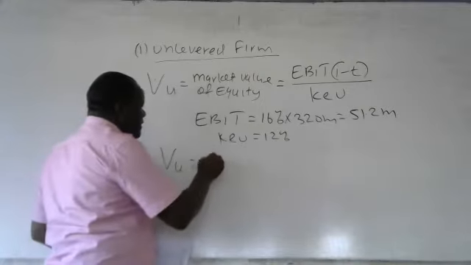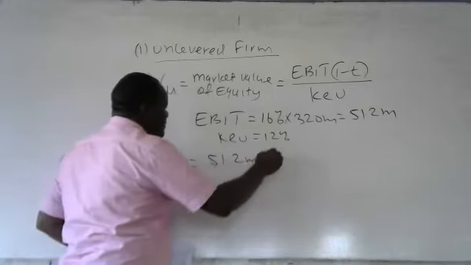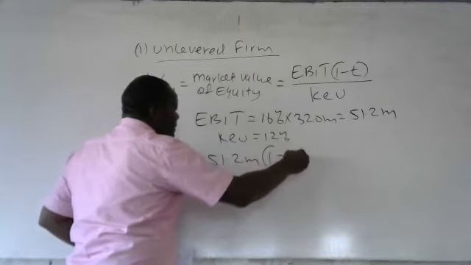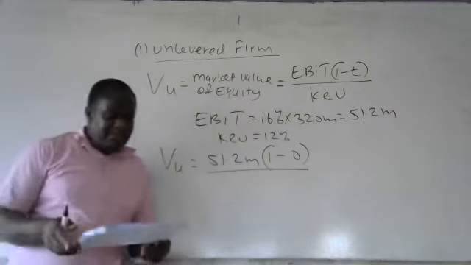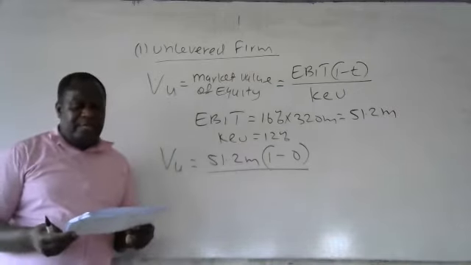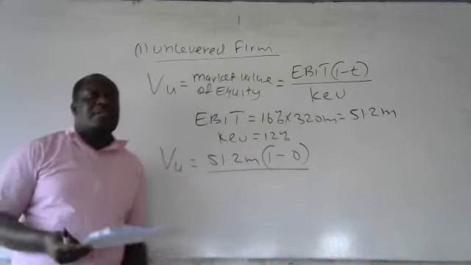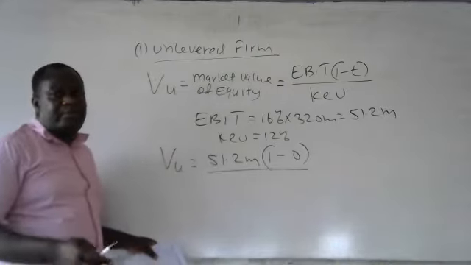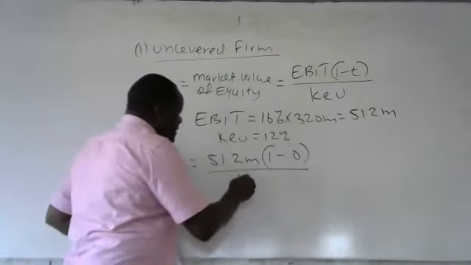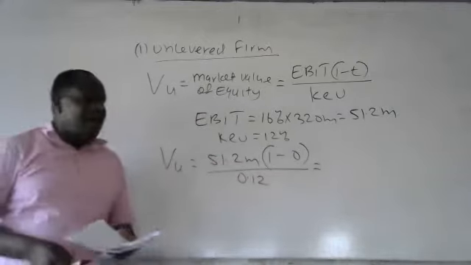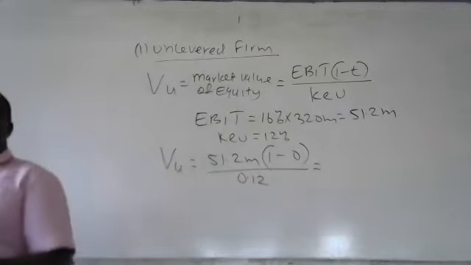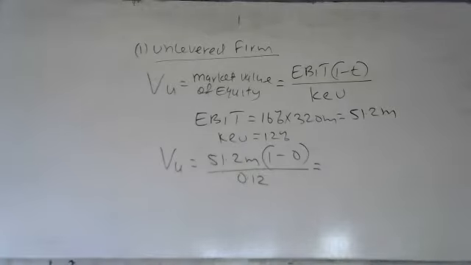You simply take 51.2 million, since part B says using the MM model without the tax, so there is no tax to be paid. Then divide by 0.12, so that we come up with the value of the unlevered farm.